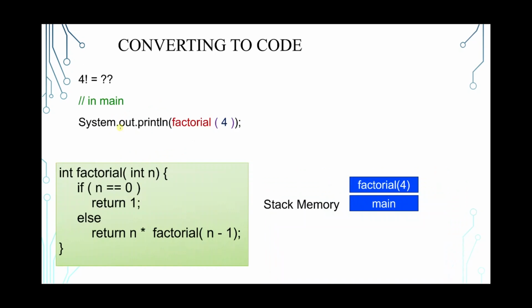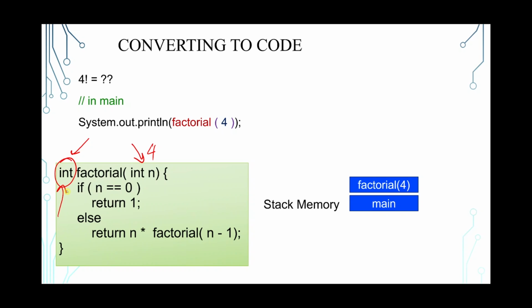Okay, so we have this factorial function. It takes an int and returns an int; it does not return void, it must return something. If that takes 4, when is that returned value going to be received?